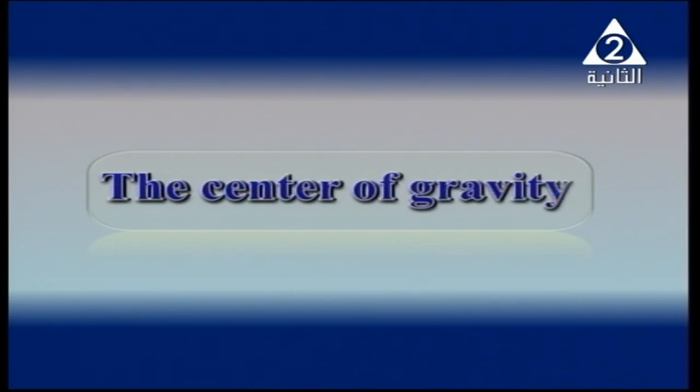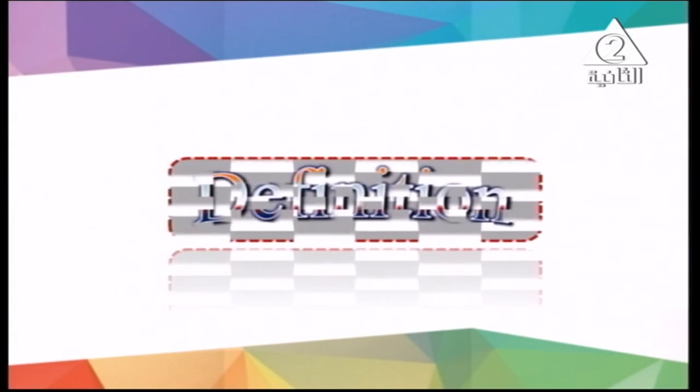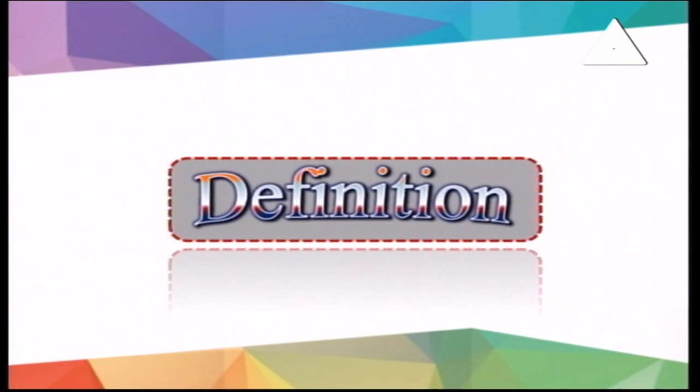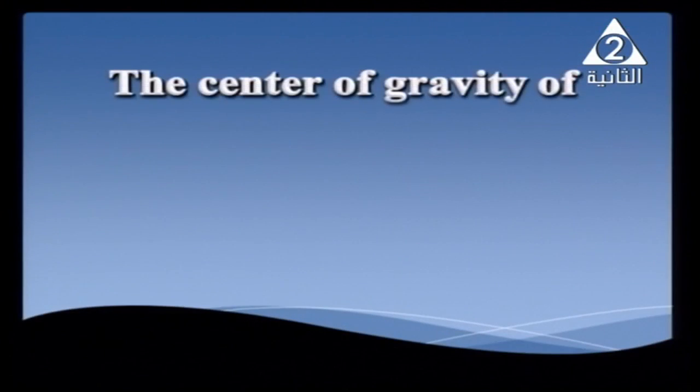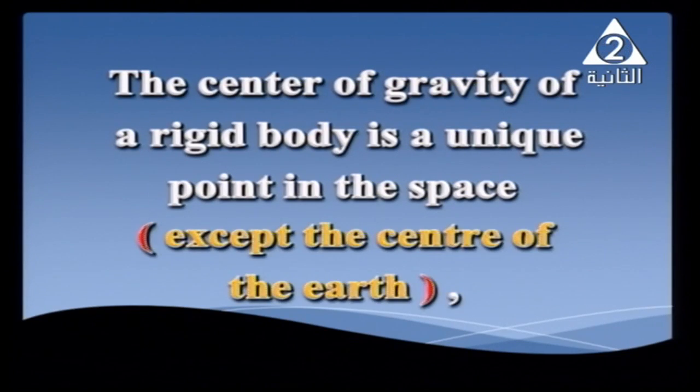My dear student, what is the center of gravity? Definition. The center of gravity of a raised body is a unique point in the space, except the center of the earth.